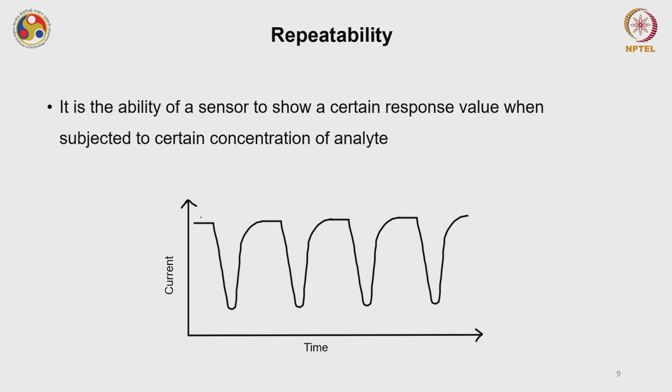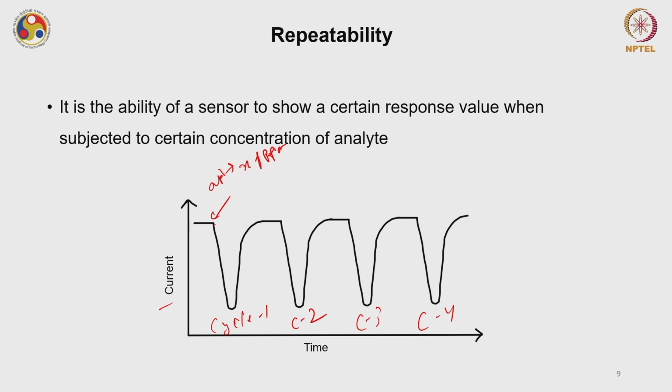Now let us consider this characteristic curve of a sensor where I have plotted the current versus time with the same concentration applied to the sensor multiple times. I call it cycle 1, this is cycle 2, cycle 3, cycle 4. One cycle constitutes subjecting the sensor to some analyte, say x ppm of some gas.